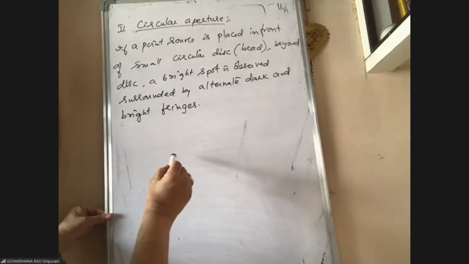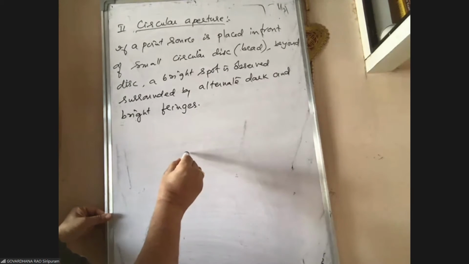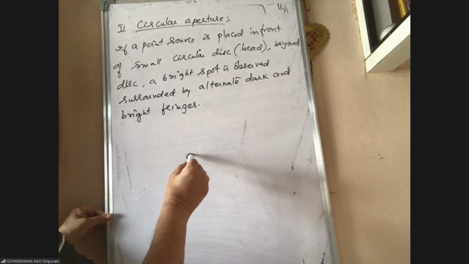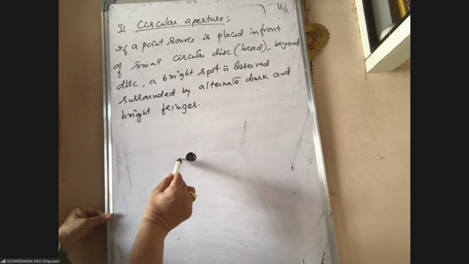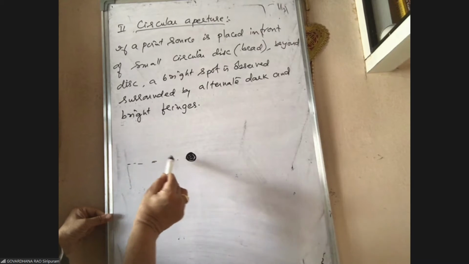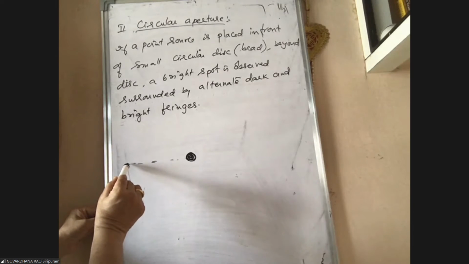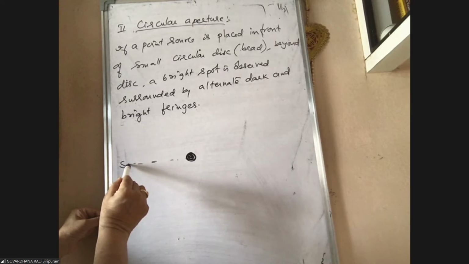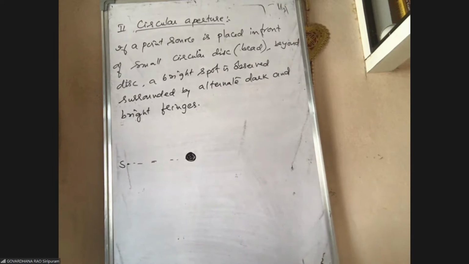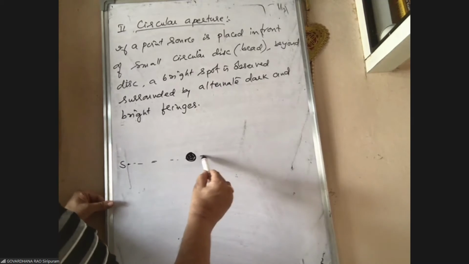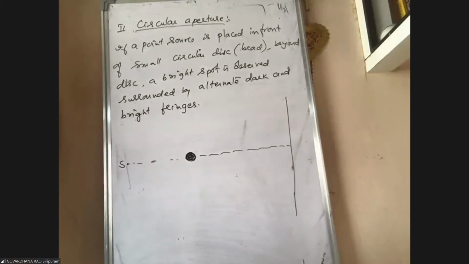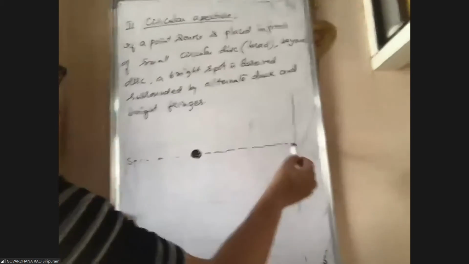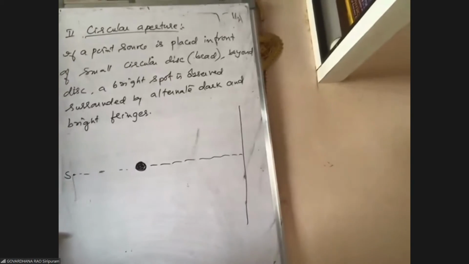Now, this is the circular disc. In the path of this, you are placing a point source. Okay, you observe here. Now here you will observe.